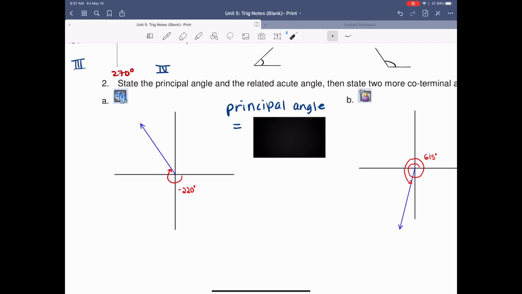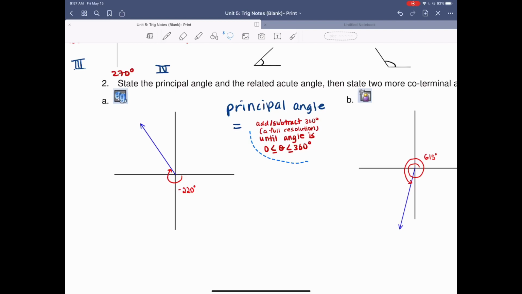So my rule of thumb is that I am going to add or subtract 360 degrees, a full revolution. What I meant to say was revolution, because that represents a full rotation around the circle. A resolution is like a resolution to a problem. I do this until the angle is between 0 and 360 degrees.